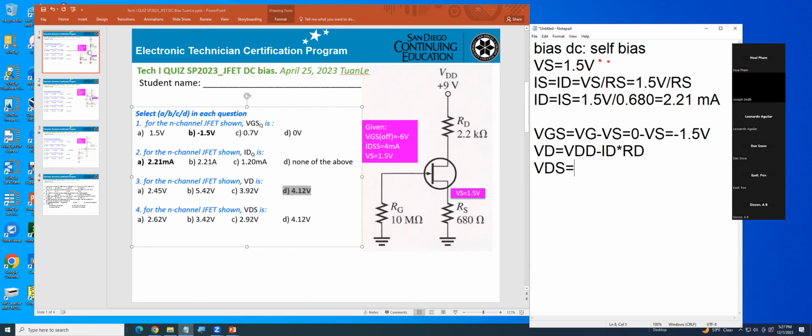VDS equals VD minus VS. 2.6. Perfect. The answer will be A.